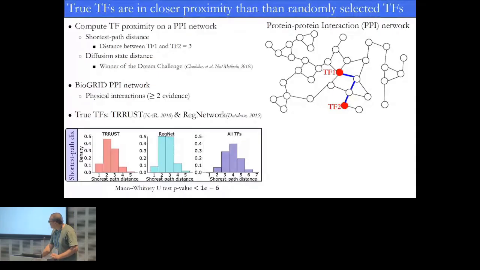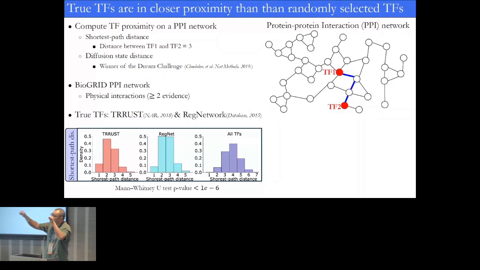In the middle, we changed to another database providing the true transcription factors, but we have the same observation. This indicates that the average distance between two transcription factors, shown with RegNetwork, is actually 2.5 or so. The purple figure shows the background distribution.